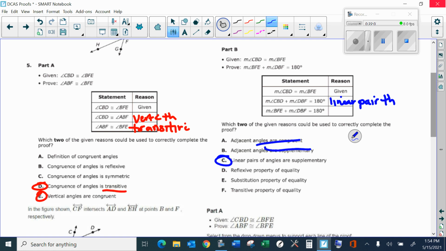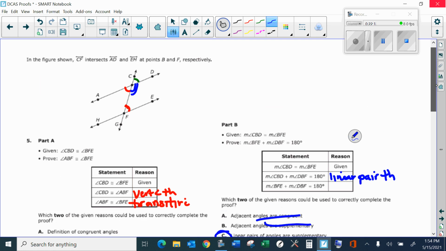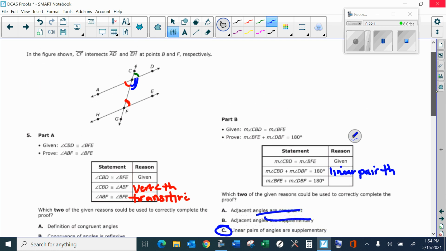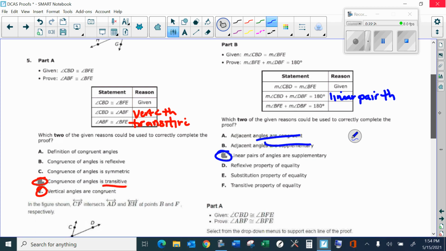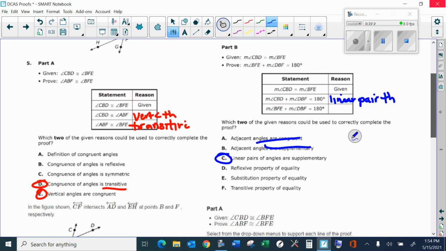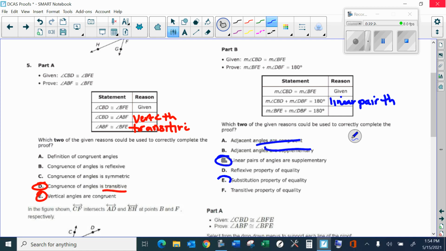Okay, and then you have the measure of BFE plus DBF equaling 180, and that'd be through substitution. This one has to be substitution, since they took this angle and substituted it into that one right there.